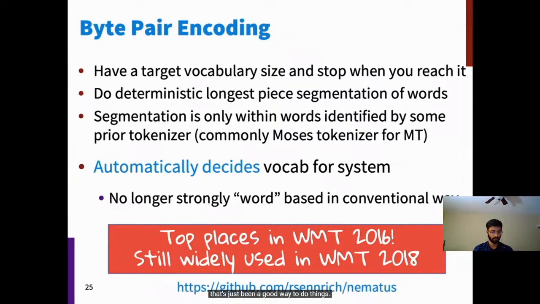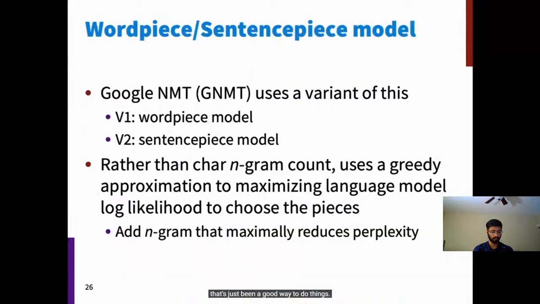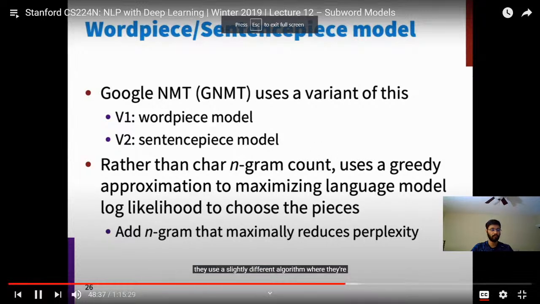That's just been a good way to do things. So for Google's neural machine translation, they effectively use a variant of byte pair encoding. So they don't use exactly the same algorithm. They use a slightly different algorithm.